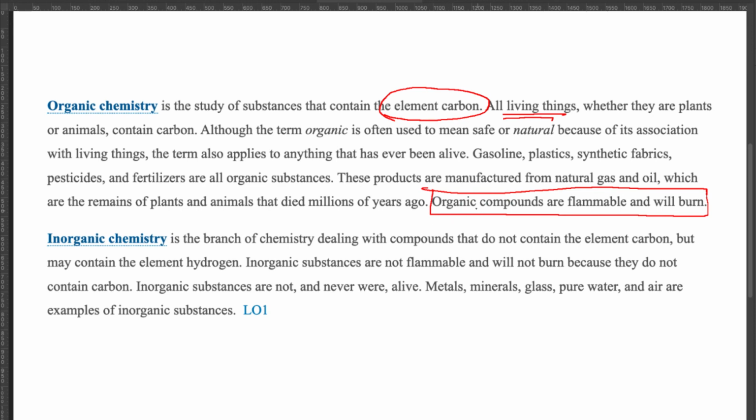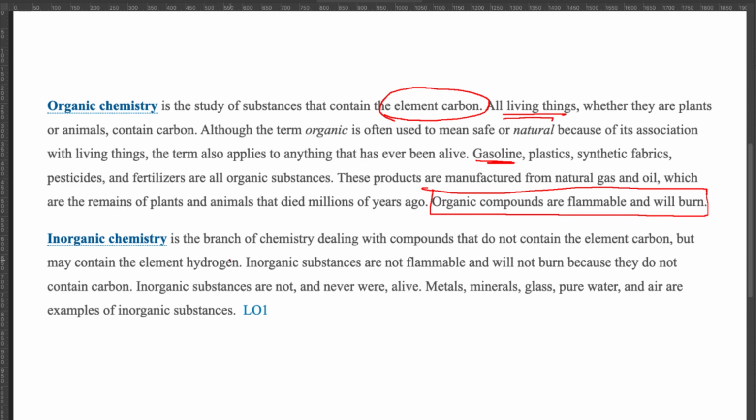And so combining with oxygen and heat, they will go up in flame. And some are readily flammable. In other words, that doesn't take very much. For example, gasoline is very quickly combustible, and other substances may take a little longer or stronger heat for them to turn flammable, but will burn.